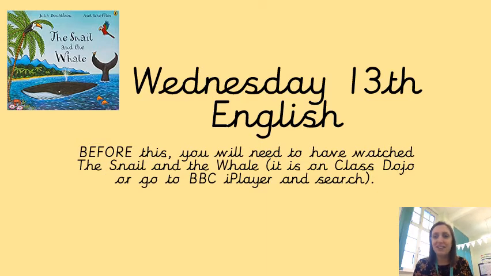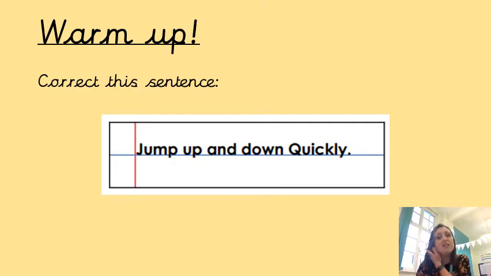Let's get started. Right, so we've got our warm up. Again, we are going to be putting on our detective glasses. You're getting really good at this. This one is a little bit different because before it was the capital letters at the beginning that we were having an issue with. But here, I think there's a capital letter maybe in the wrong place, because we only need a capital letter at the start of a sentence, for somebody's name and for the name of a place.